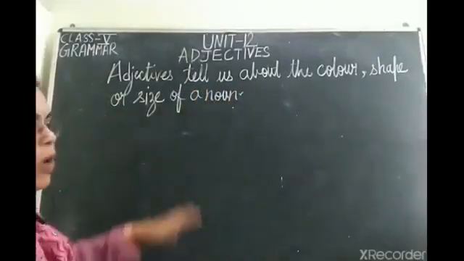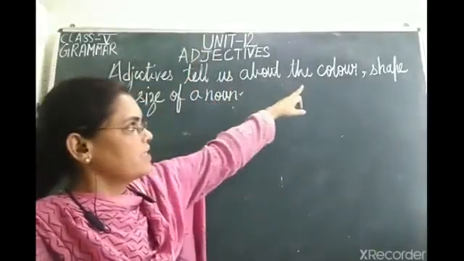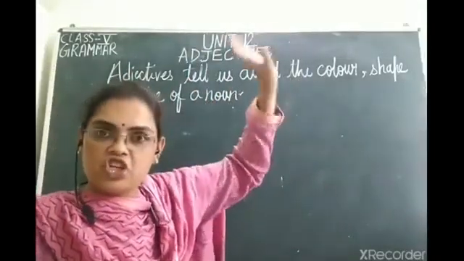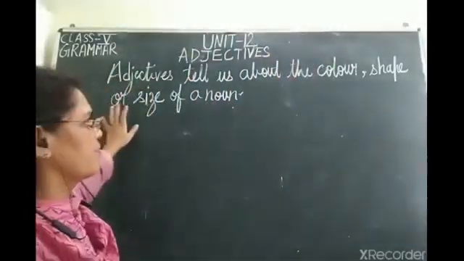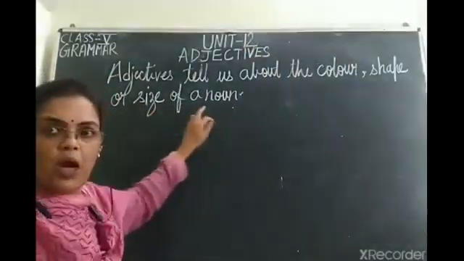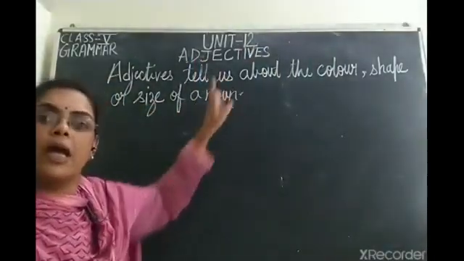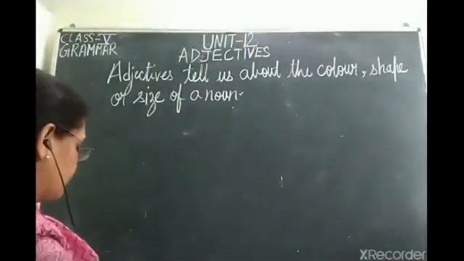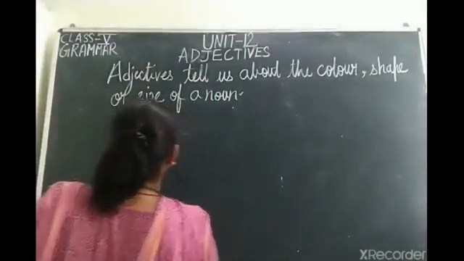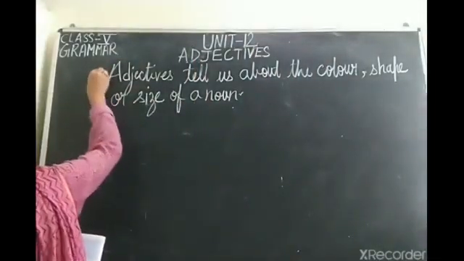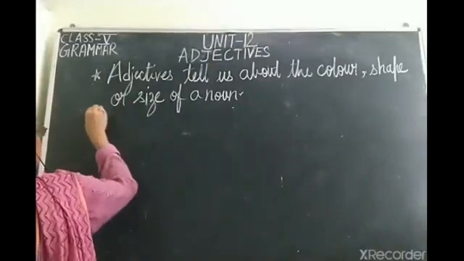Beta, any word which tells about the color, the shape, any shape, and the size of a noun, all those words are what? Adjectives. Then, this is the first thing to be kept in mind.